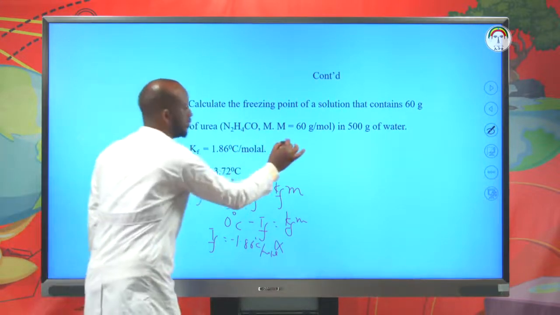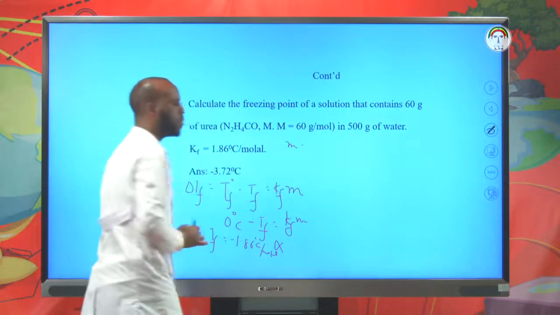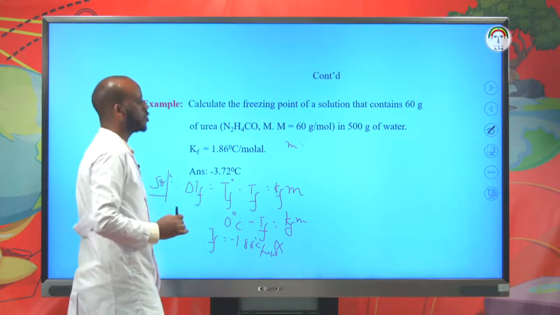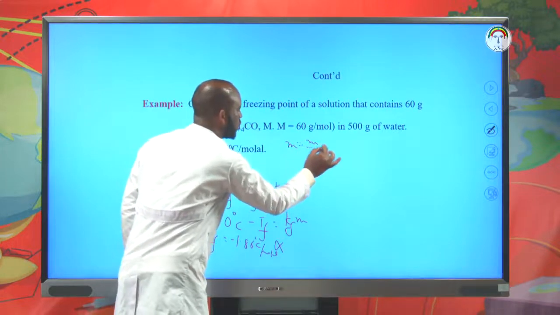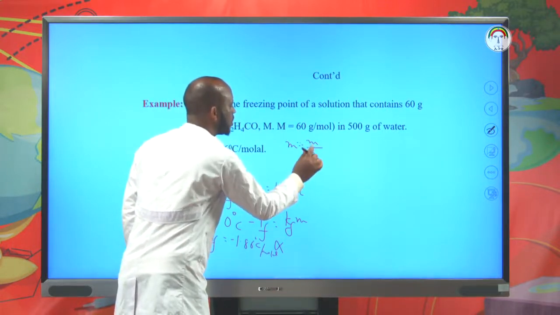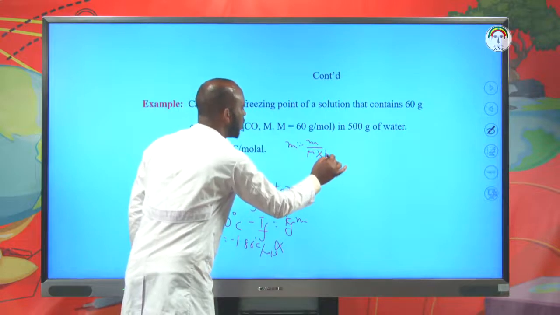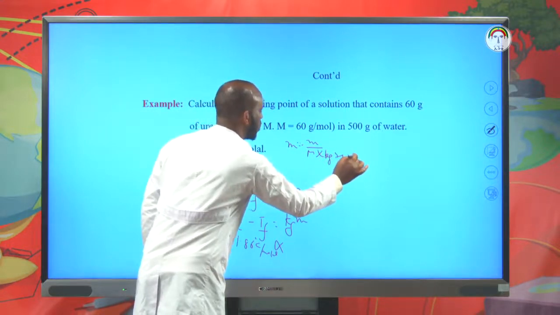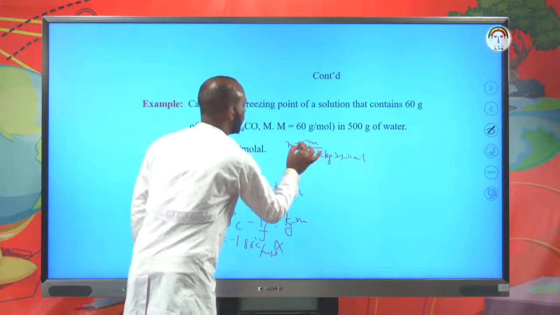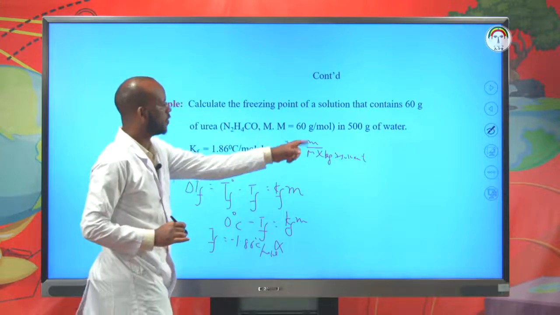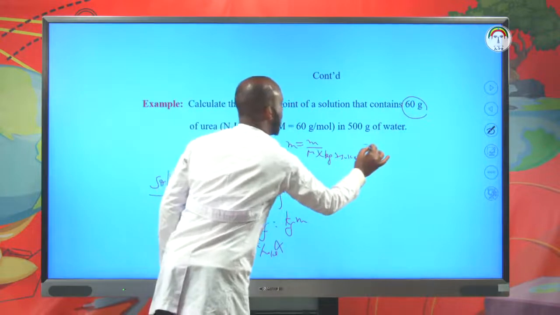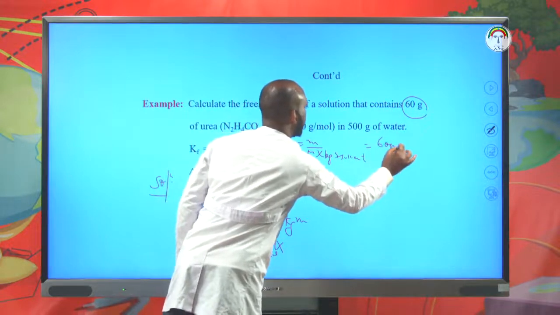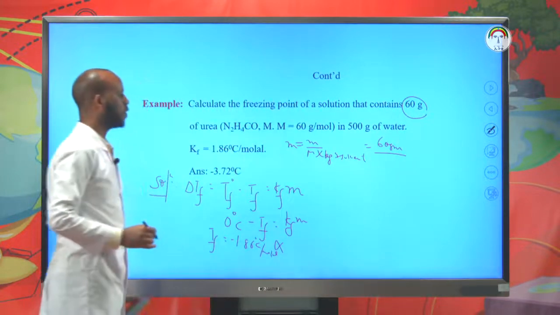Molality by definition, small m, is number of mole of solute per kg of solvent, but number of mole of solute is mass of solute divided by molar mass times kg of solvent. Mass of the solute urea is 60 gram, divided by molar mass of the solid.